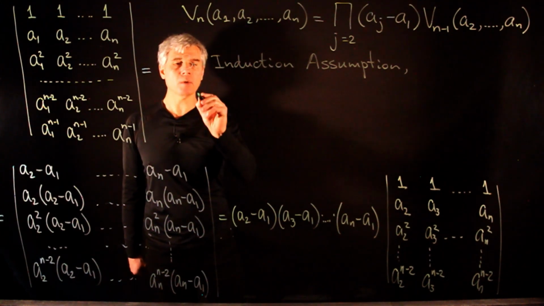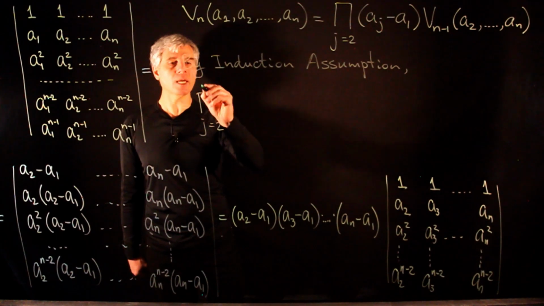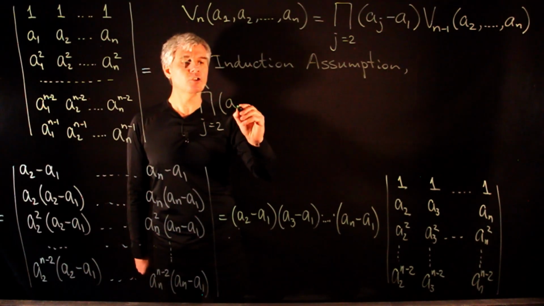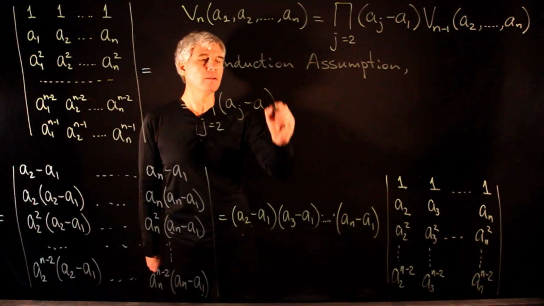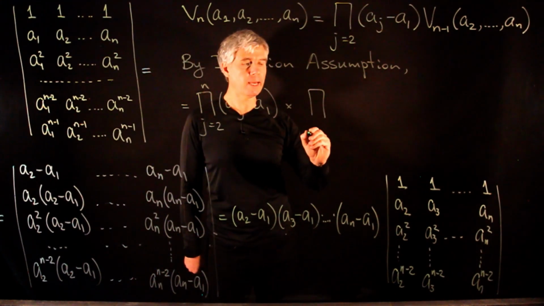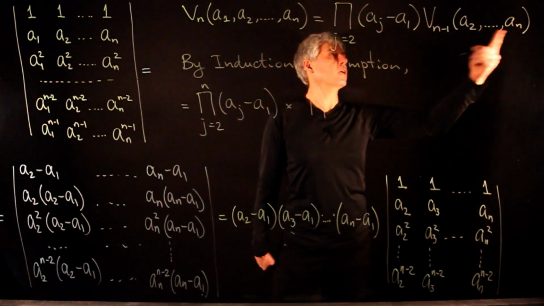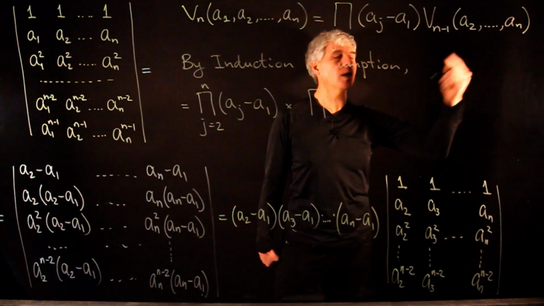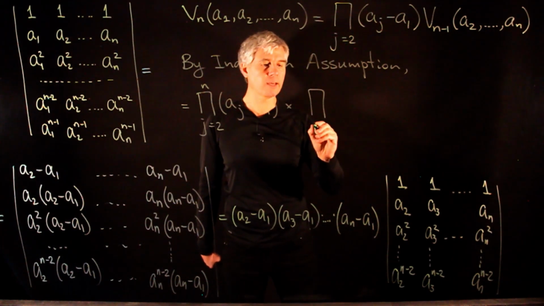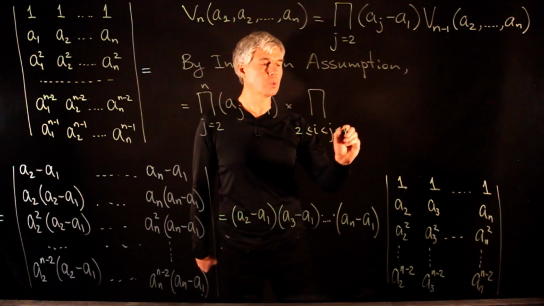So this will be equal to the product j goes from 2 to n, Aj minus A1 times the product. And now here we will have the indices. Because here we don't have A1, we have things from A2 to AN. So here we will have i less than j, and they will be from 2 to n.